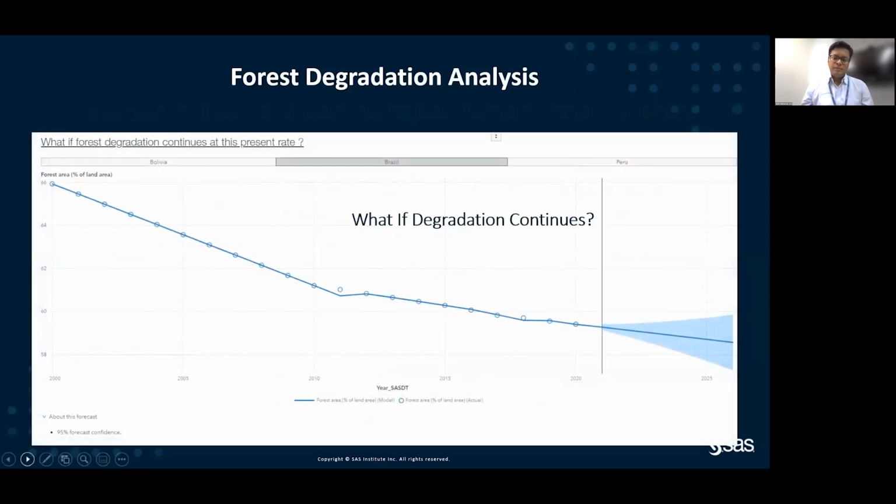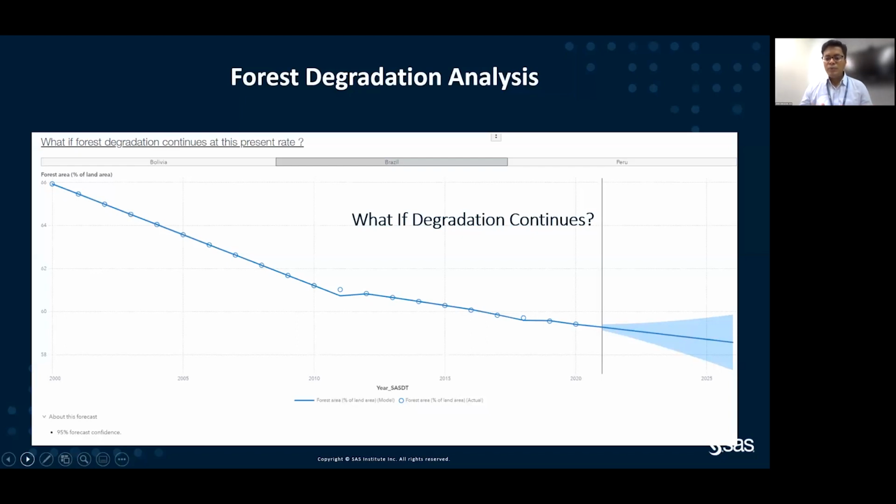So here what we have done essentially is we have used our forecasting technique just to see 5 years down the line, that is till 2025, how much degradation would happen. If you see the percent land, it goes from almost 60 percent to 58%.